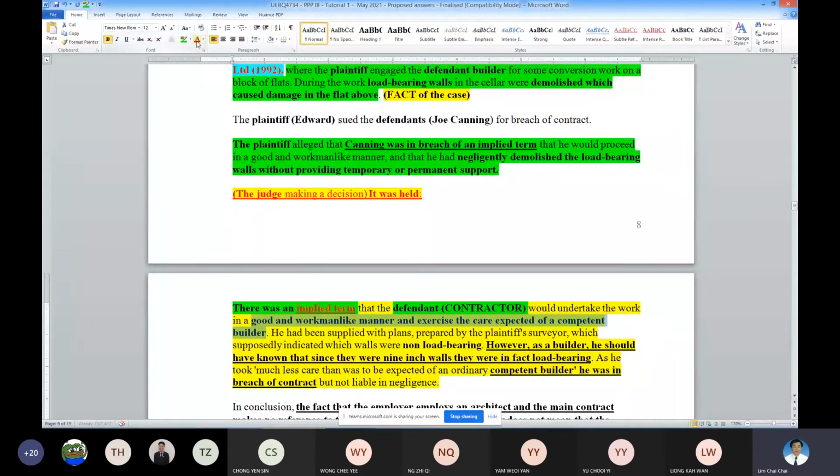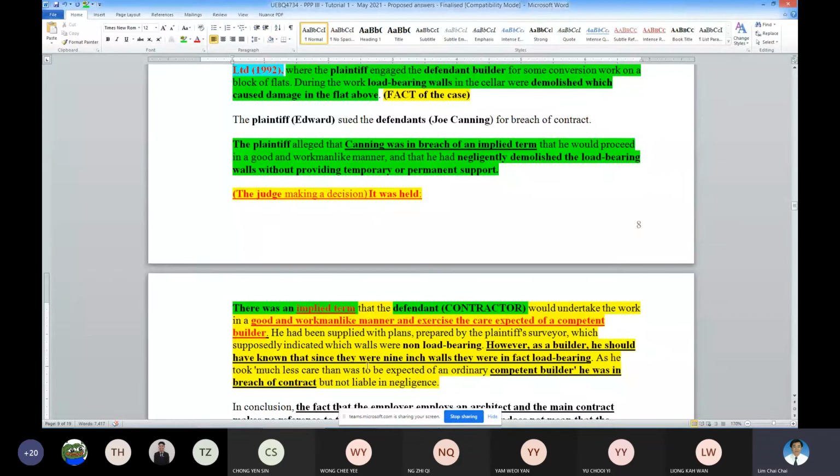This is what is required. It is implied that the contractor must behave this way. You don't have to put it into the contract. You must be good in your workmanship and exercise care as a competent builder. If the contractor didn't behave this way, the contractor could be liable. So this is how the judge interprets it. This is the so-called implied term.